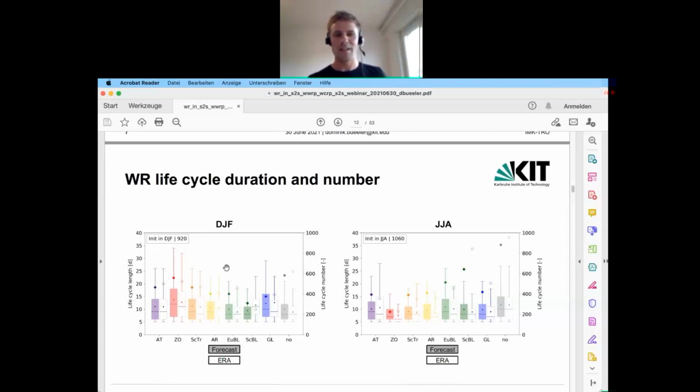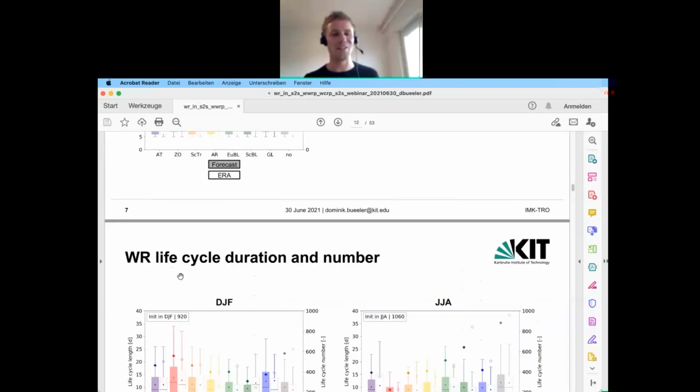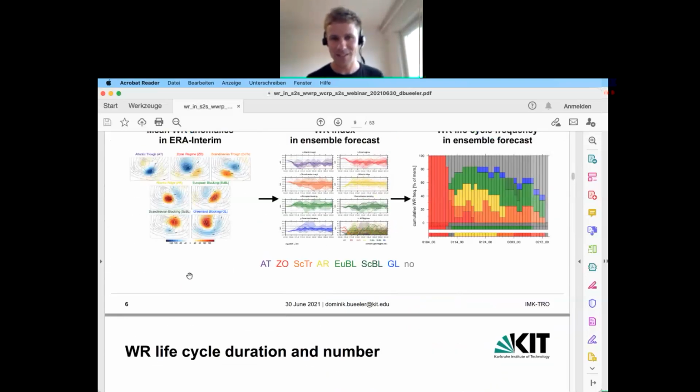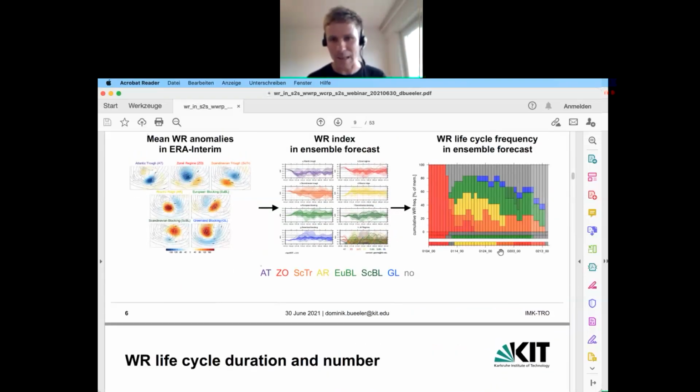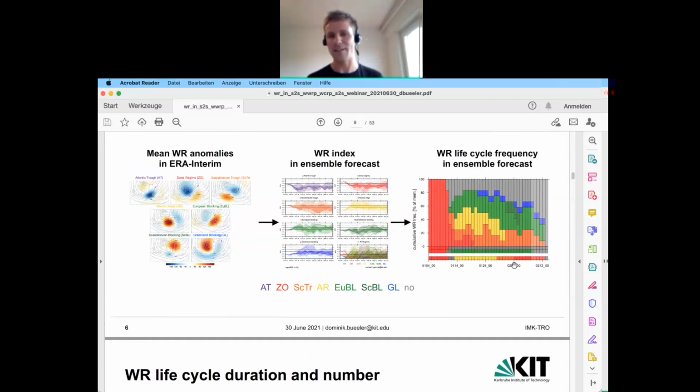So what I do is I take these 900 forecasts here and just count how many of these phases of a consecutive zonal regime, for instance, at each day I have, or numbers of life cycles, basically. Maybe it's easier to show it here. So for instance, this yellow bar here in ERA-Interim would be one life cycle count for this yellow Atlantic ridge. And this is what we count in all the 900 forecasts.